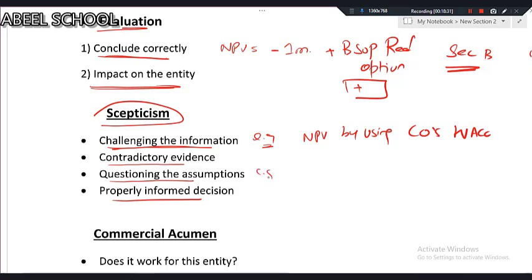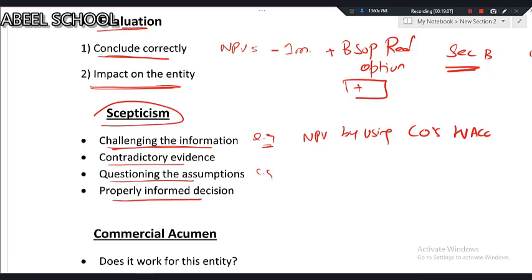For example, let's say your examiner has asked you to assume that the tax rate will remain constant over the life of the project. And you have seen in that exam question that in your country, where the project is, very soon general elections are going to be held, and there's an XYZ party which has more chances to be elected, and that party is saying in their election campaign that as soon as they come into power, they will increase the tax rates.